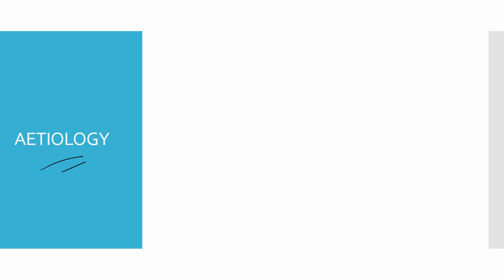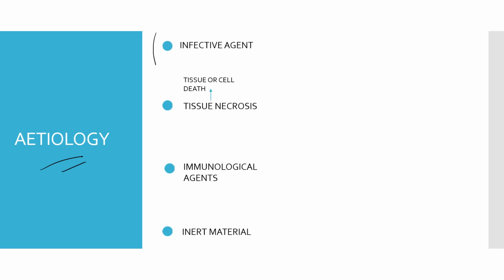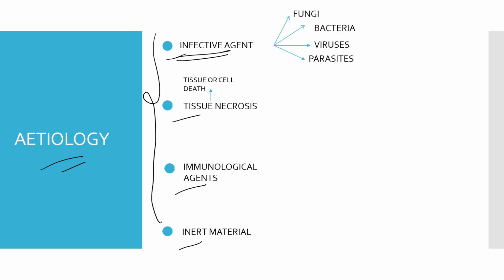Here we are going to discuss the four main etiologies: the infective agent, tissue necrosis, immunological agents and inert materials. First, let's see about the infective agents. They can be divided into many: fungi, bacteria, viruses and parasites.